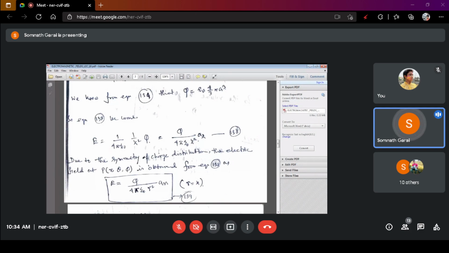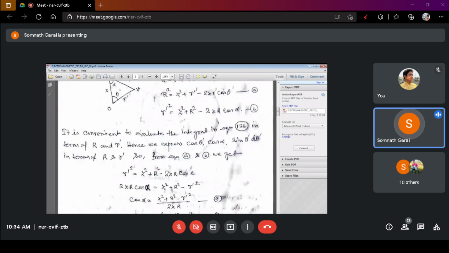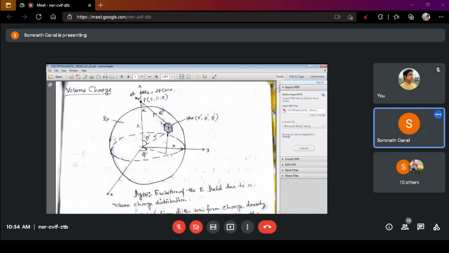So this equation gives the electric field intensity along the Z axis, right? Now, if we take the Z axis with respect to R, if this is R radius, this will be R, this will also be R, right?